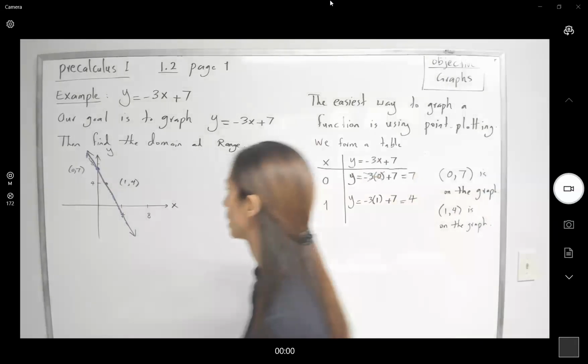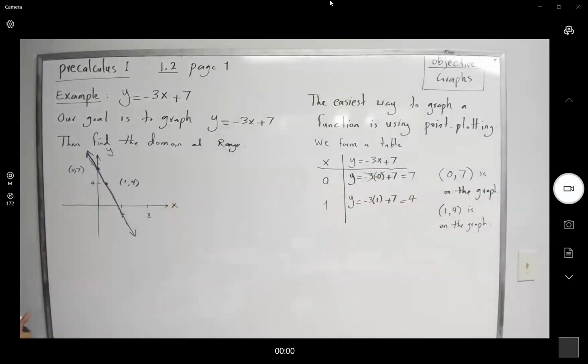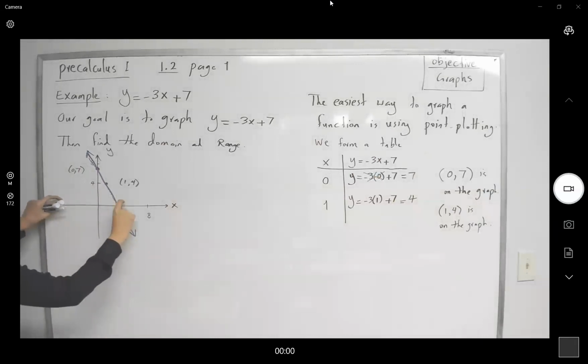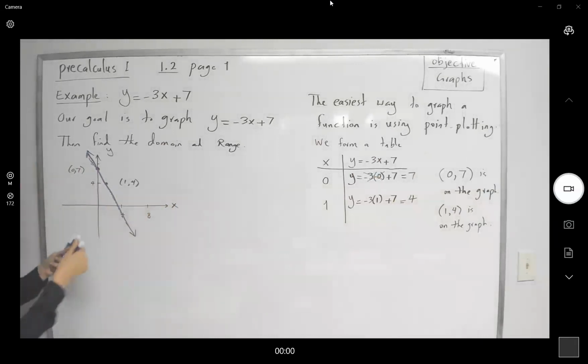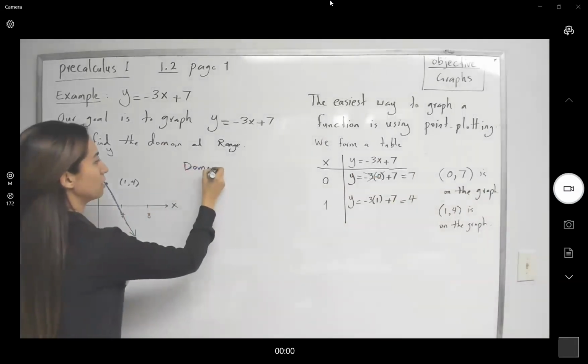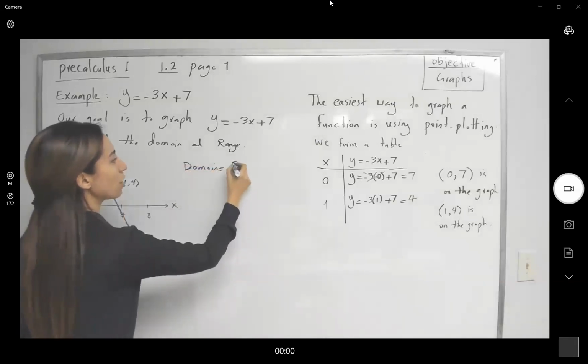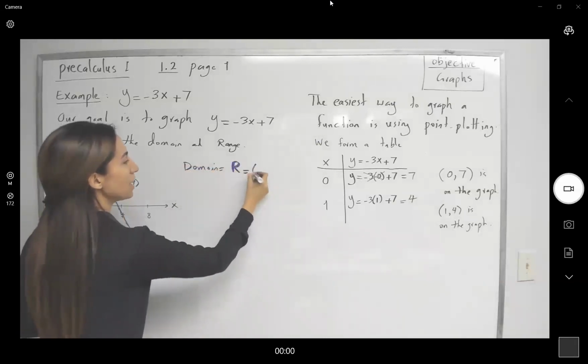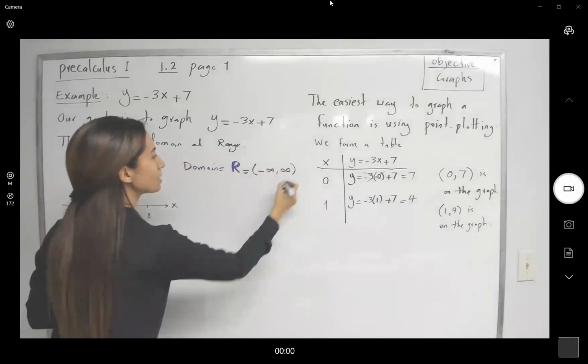So what's the meaning of that? It means that the domain, which is all values on the x-axis, is R. Let me write it here. Domain is R, bolded R, representing negative infinity to positive infinity.